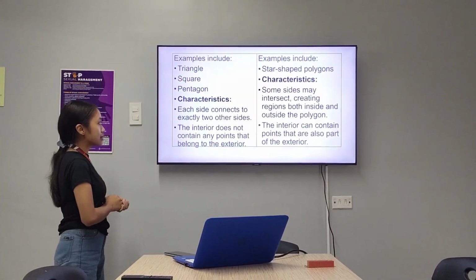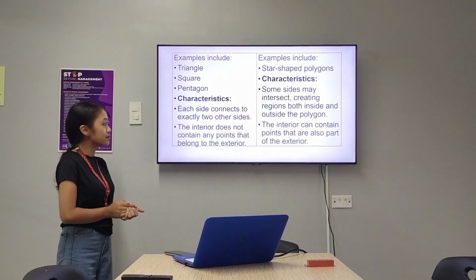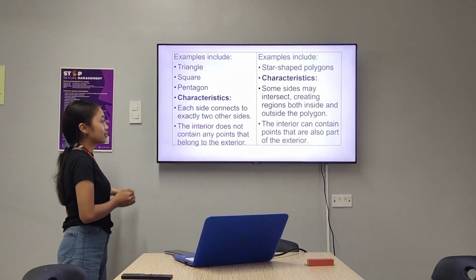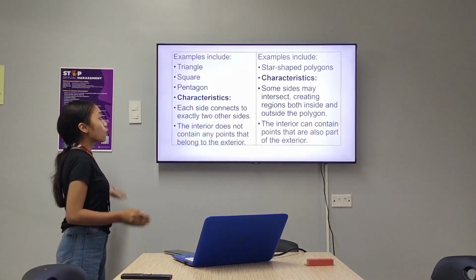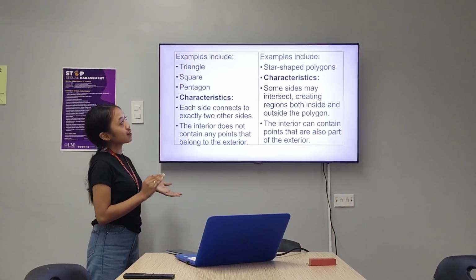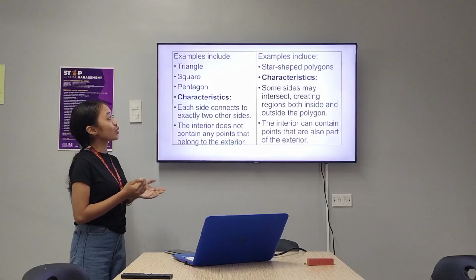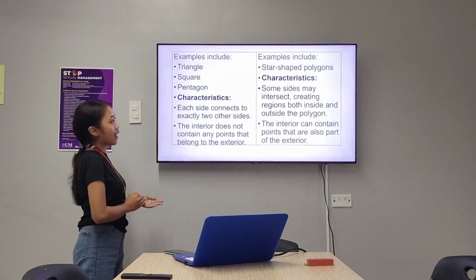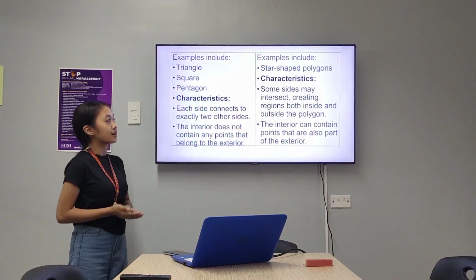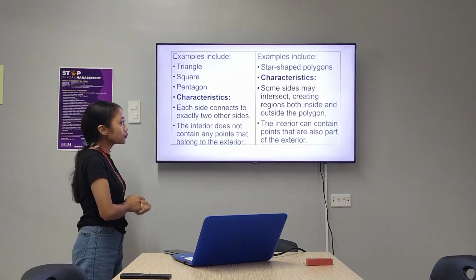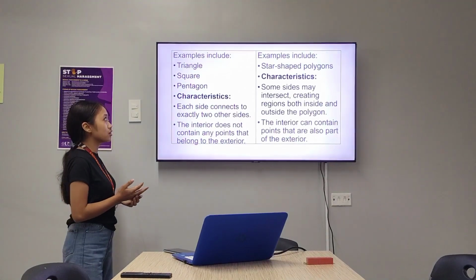Its characteristics are that each side connects to exactly 2 other sides, and the interior does not contain any points that belong to the exterior. While the complex includes star-shaped polygons. Its characteristics are that some sides may intersect, creating regions both inside and outside the polygon. The interior can contain points that are also part of the exterior.